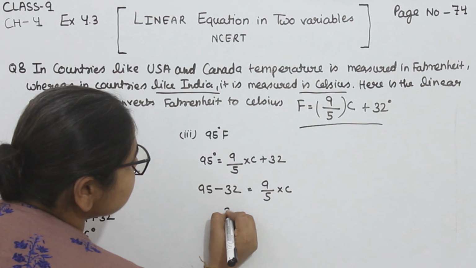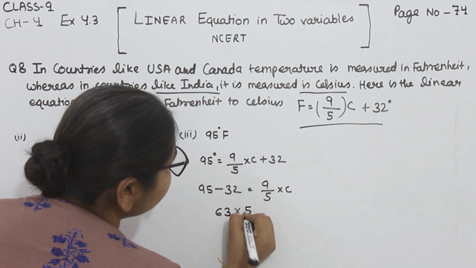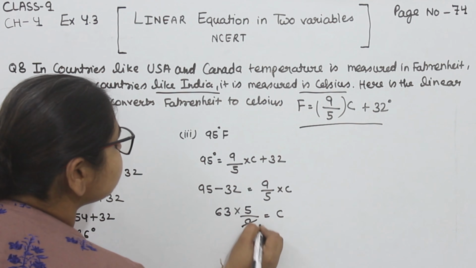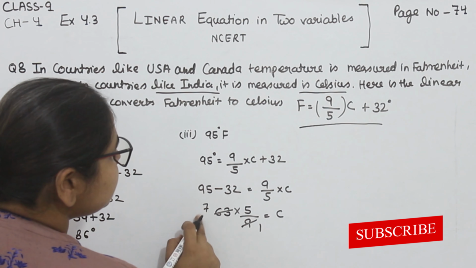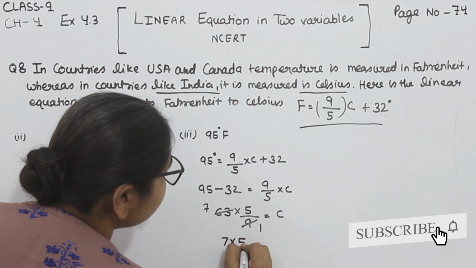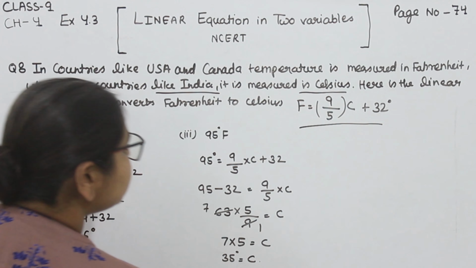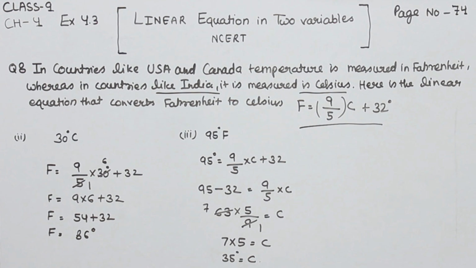Now 5 minus 2 is 3 and 9 minus 3 is 6. Now multiply by 5 and divide by 9. 9 7s are 63. Now 7 multiplied by 5 is 35. So if the temperature is 95 degrees Fahrenheit, then the temperature in Celsius will be 35 degrees Celsius.